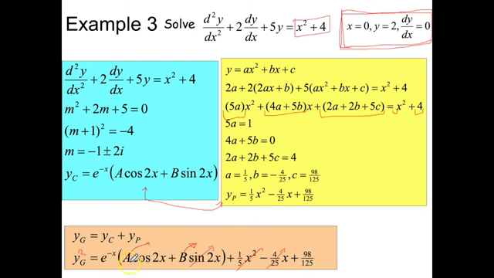So 2 should be equal to A plus 98/125, and so you can look for A. And secondly, we will differentiate this, dy/dx, and then we take when x is 0, dy/dx is also 0. We will use that to look for B, and then we will state the final solution.